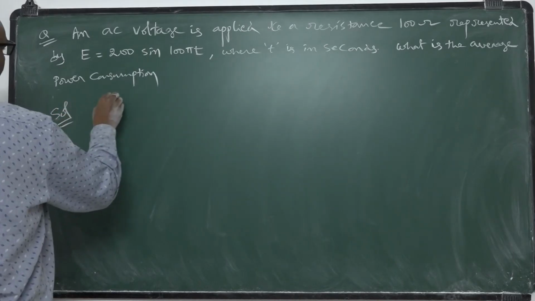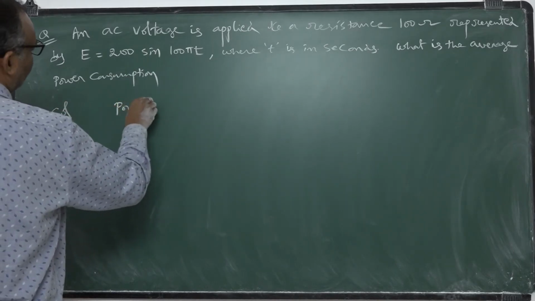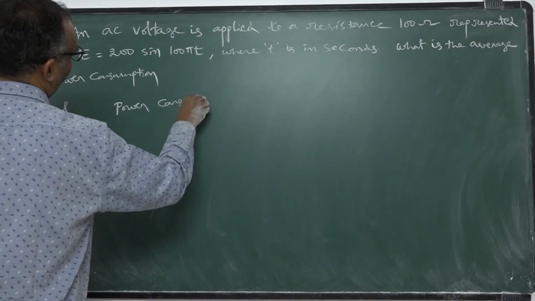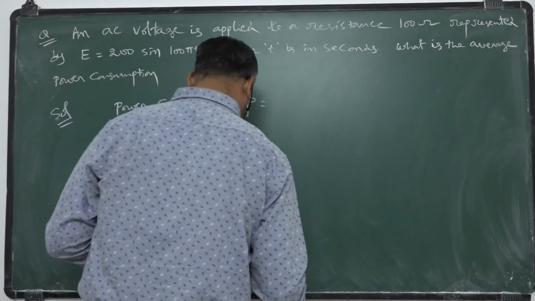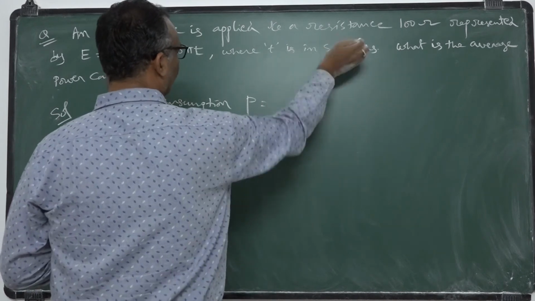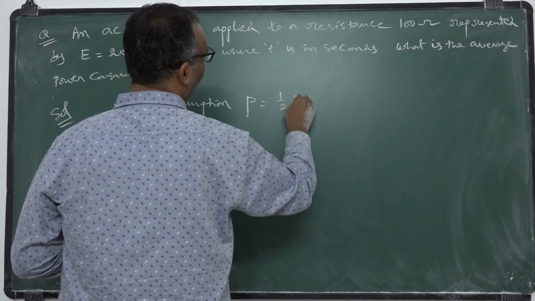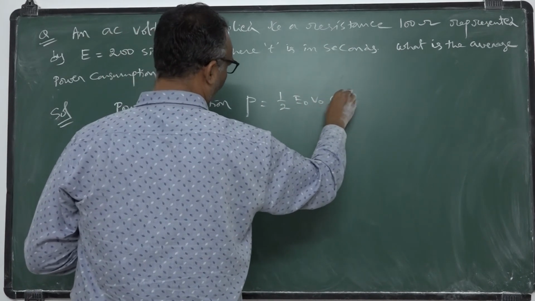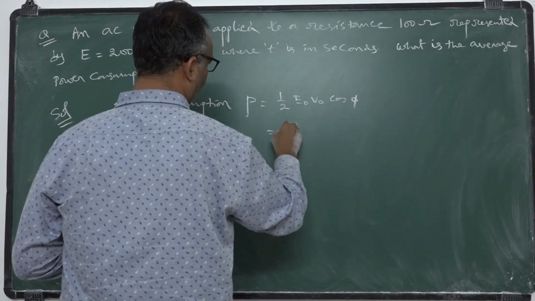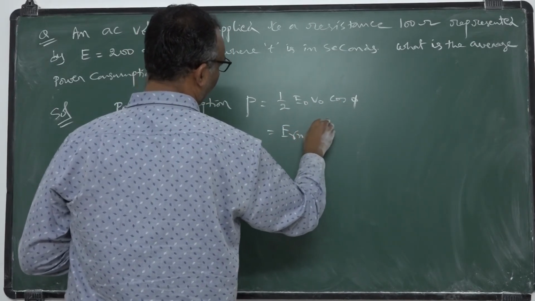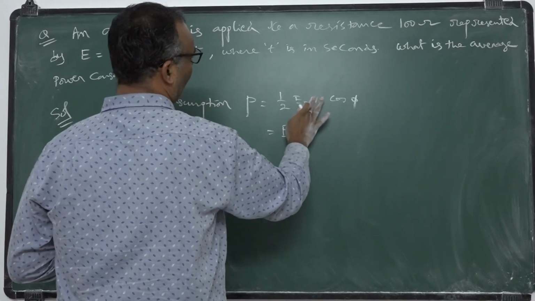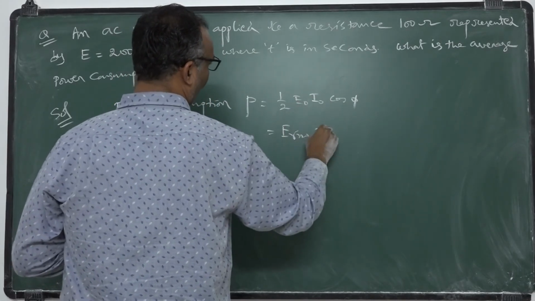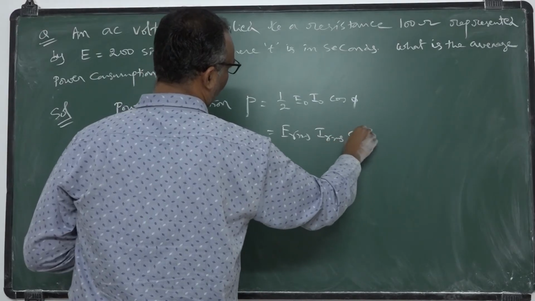Solution. Power consumption P is equal to half into E naught into V naught into cos phi. Otherwise, ERMS into IRMS into cos phi.